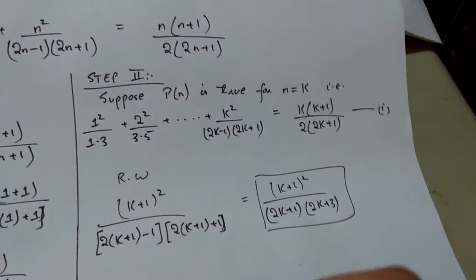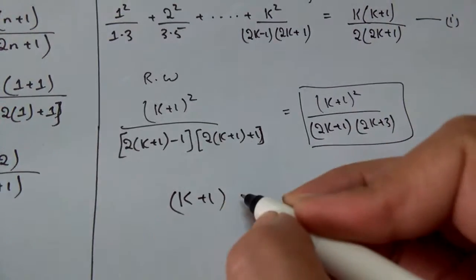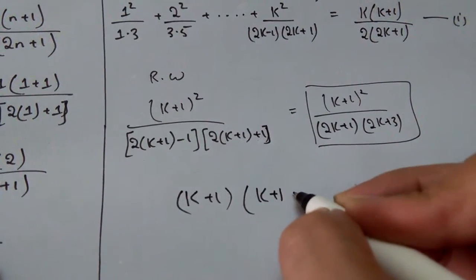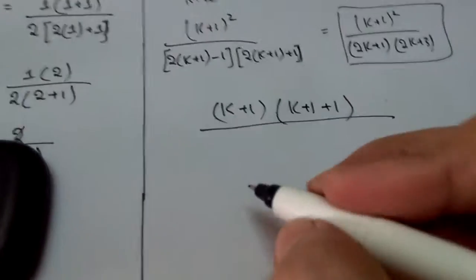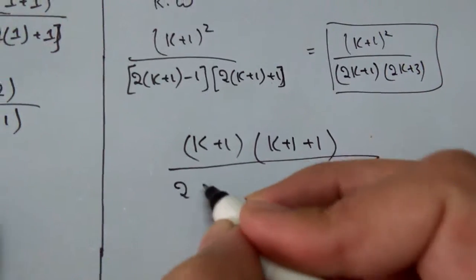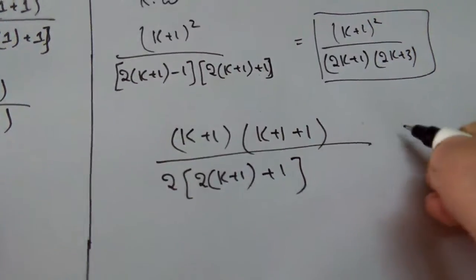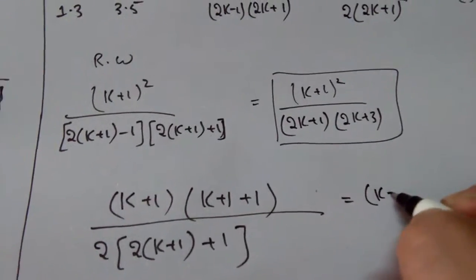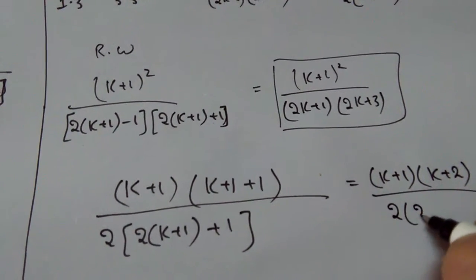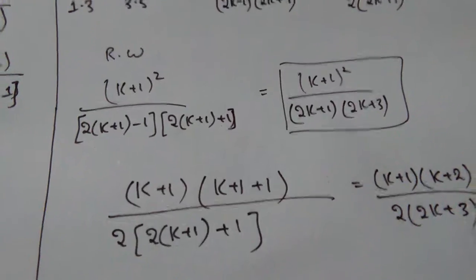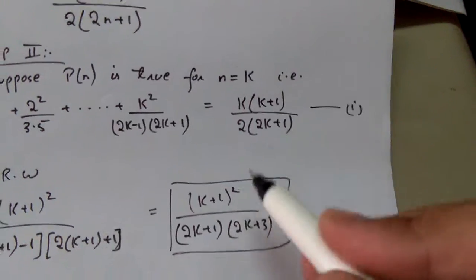We substitute n equals to k plus 1 here, so this is your n plus 1 upon 2 times 2n plus 1, so it is going to be k plus 1 upon 2 times 2k plus 1 plus 1. So this is something that you should get after solving your right hand side once you add this term at both sides.